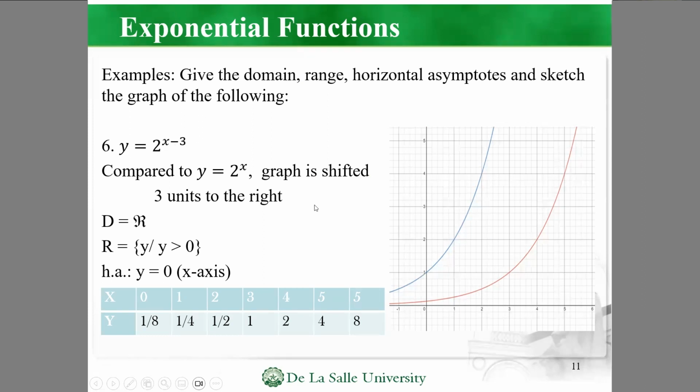Kasi the form should be y = a(b)^(x - h) + k. If h is positive, that means you move to the right. Here it becomes the red. It just moves 3 units to the right. So that's what you call shifting.